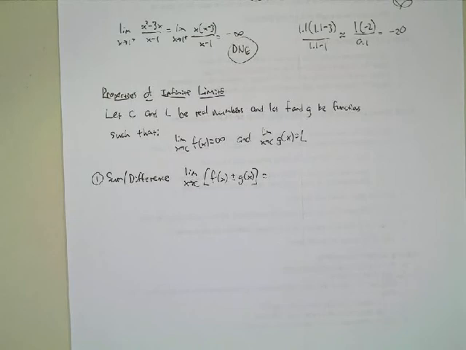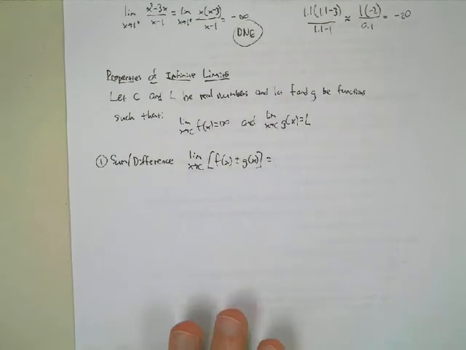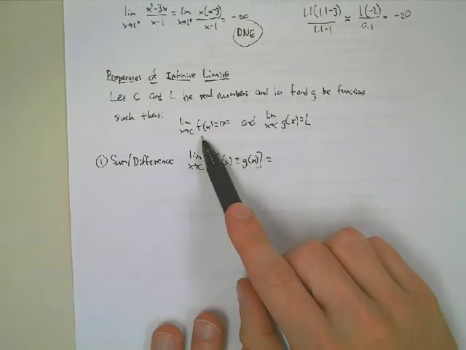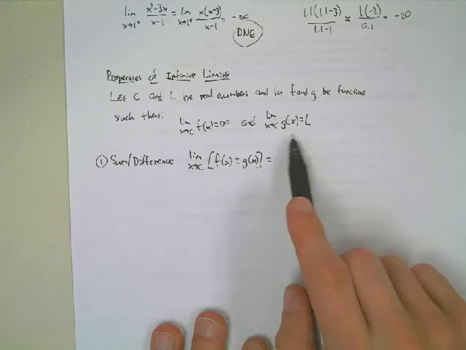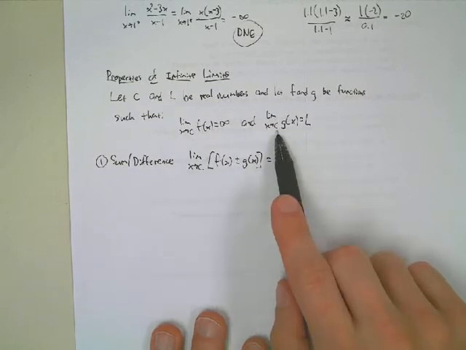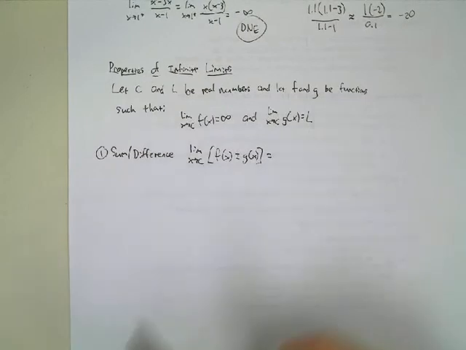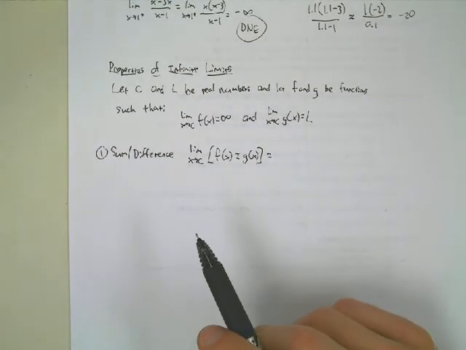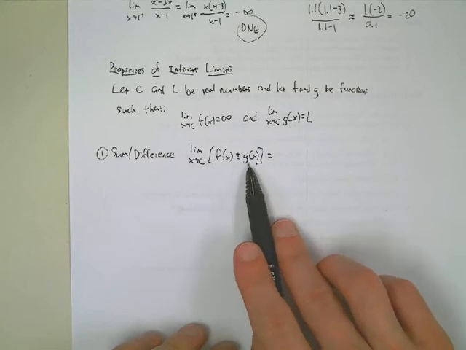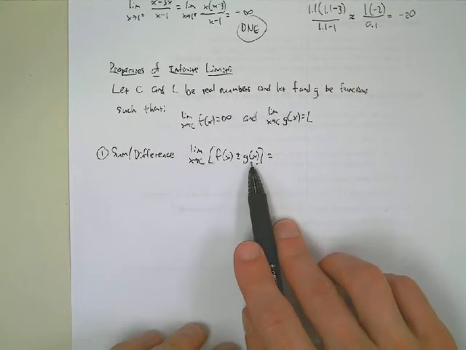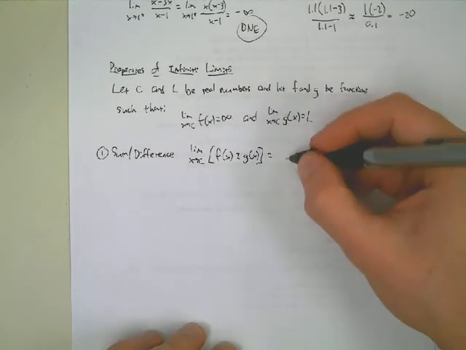If we take f, whose limit is infinity as x approaches C, and we add or subtract g, whose limit is L as x approaches C, what is going to be the overall answer there? If you take something that's infinite and add or subtract a finite thing, what's it going to go to? Infinity still. Infinity overwhelms whatever that number is.